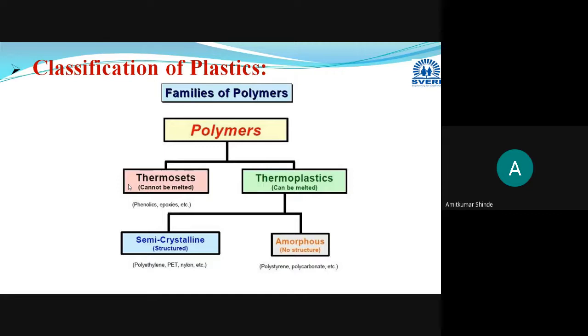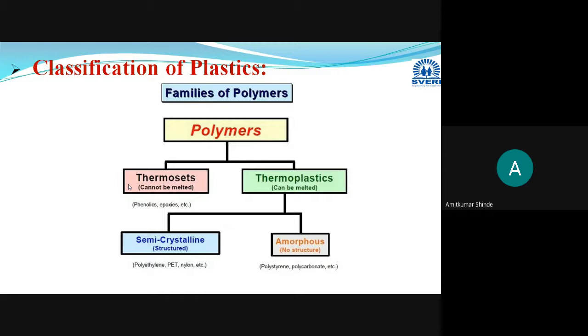Thermosets and thermoplastics. And these thermoplastics are again classified in two types, that is semi-crystalline and amorphous, depending on the type of structure they have. In brackets, I have mentioned some examples for thermosets: epoxy resins, phenolics, urea formaldehyde, melamine formaldehyde, all these are thermosets.